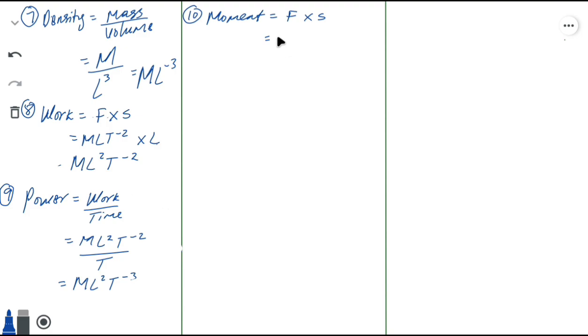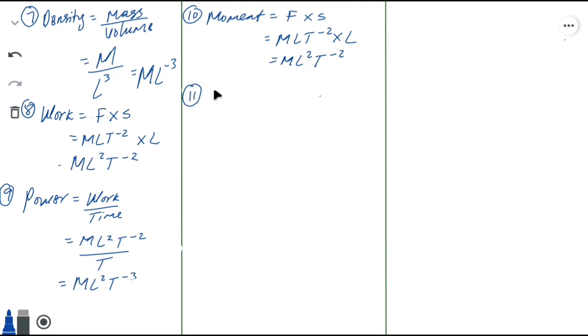Therefore, force will be equal to MLT raised to the power of minus 2, times L, which is the distance. So if we equate this now, we're going to have ML raised to the power of 2 T raised to the power of minus 2. So from this place now, we can also determine the unit of moment. The unit of moment is Newton meter.